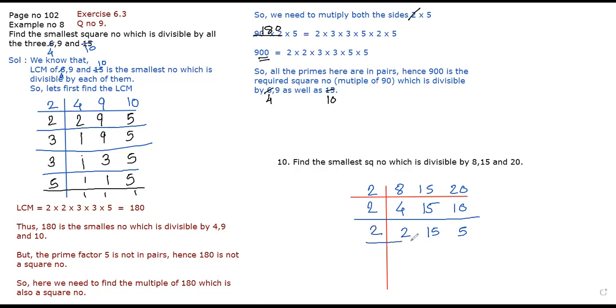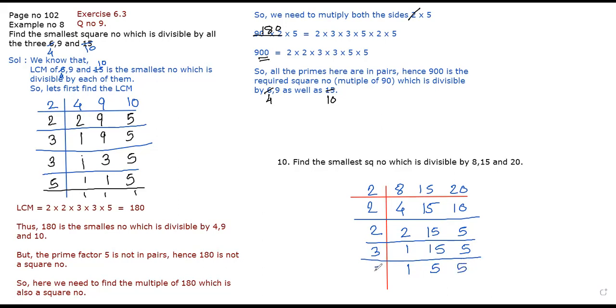Again by 2: 2 ones are 2, 15 as it is, 5 as it is. Now by 3: 1 as it is, 3 fives are 15, 5 as it is. Now 5.